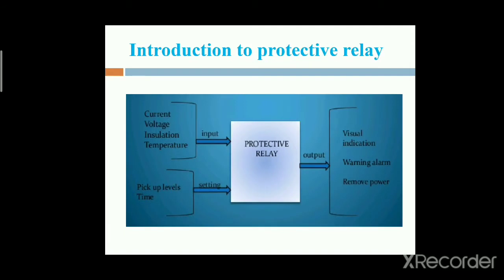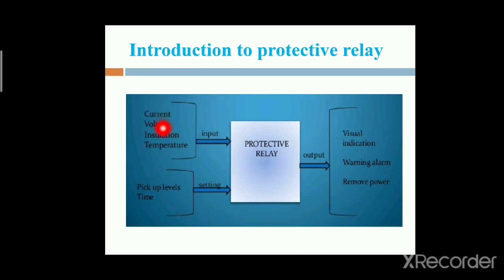Next, the protective relay. In it we give the input signal, that is the current or voltage. After giving this input signal, the output is obtained, that is a visual indication or warning alarm. In the case of electromagnetic relays, the output of the relay is the warning alarm, which is given to the circuit breaker.